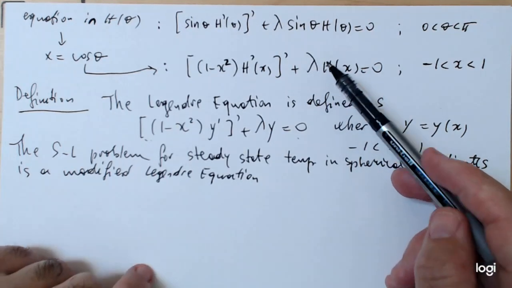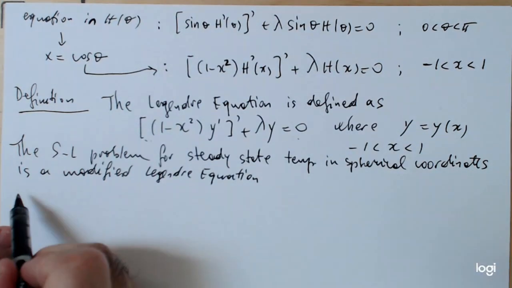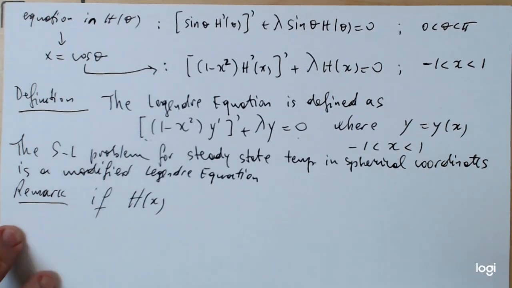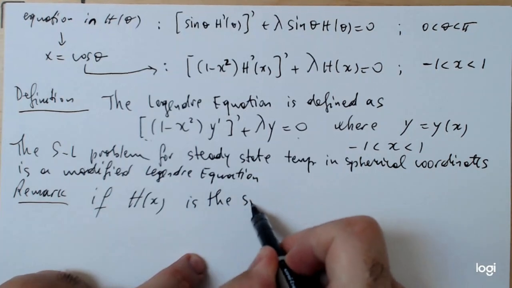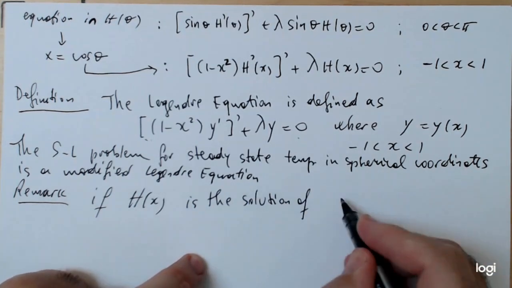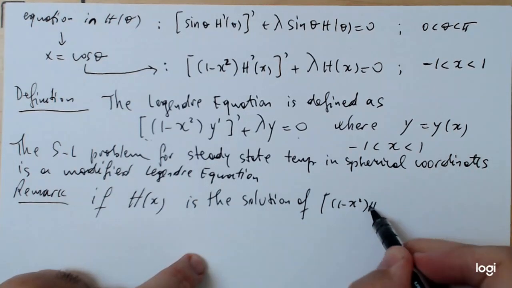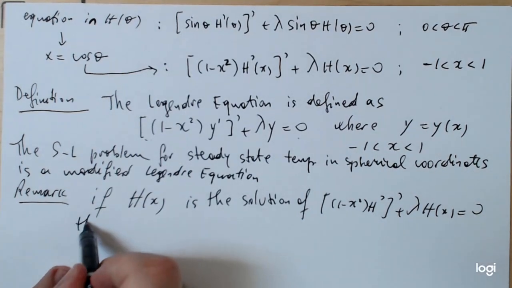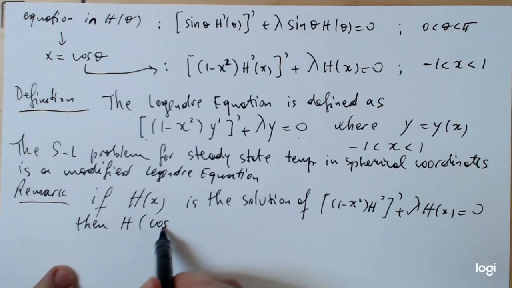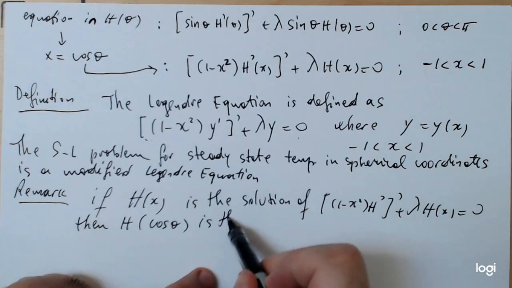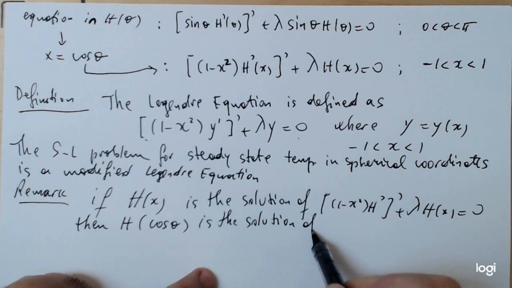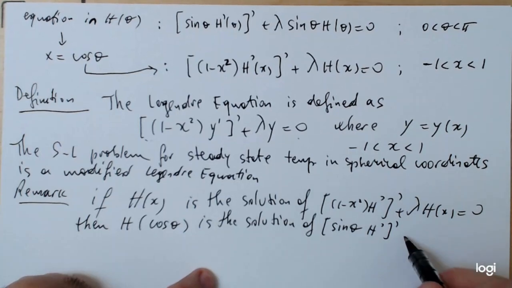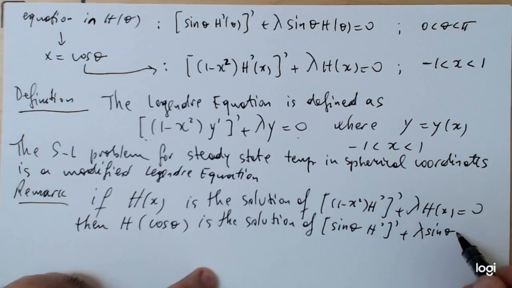Again, we don't have to do this substitution all over again. Suffices to say, and this is again an important remark, if H of x is the solution of (1 minus x squared H prime) prime plus lambda H of x equals 0, then H of cosine of theta will be the solution of what we actually have in the PDE, (sine of theta H prime) prime one more time, plus lambda sine of theta H equals 0.